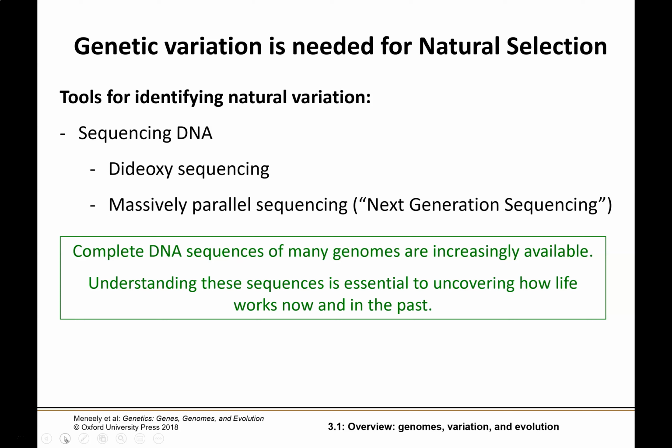So being able to have a library of DNA sequences is really important. So understanding and having those sequences is really important in determining functions now, past functions, how functions have changed over time. Basically looking at sequence evolution along with organismal evolution.